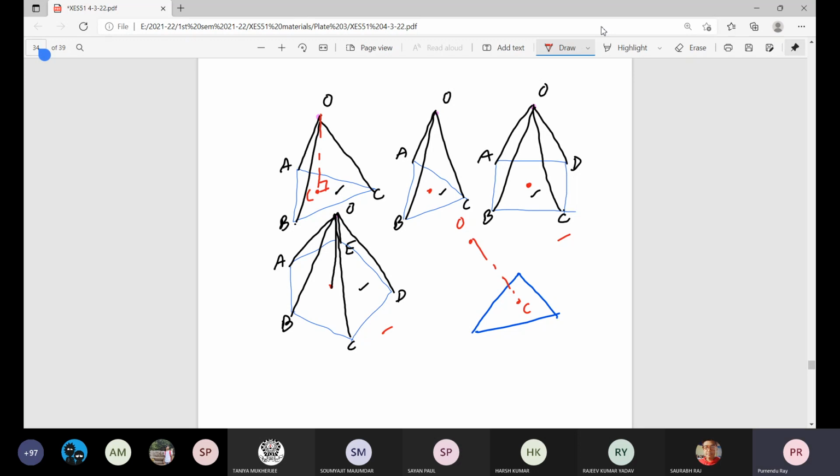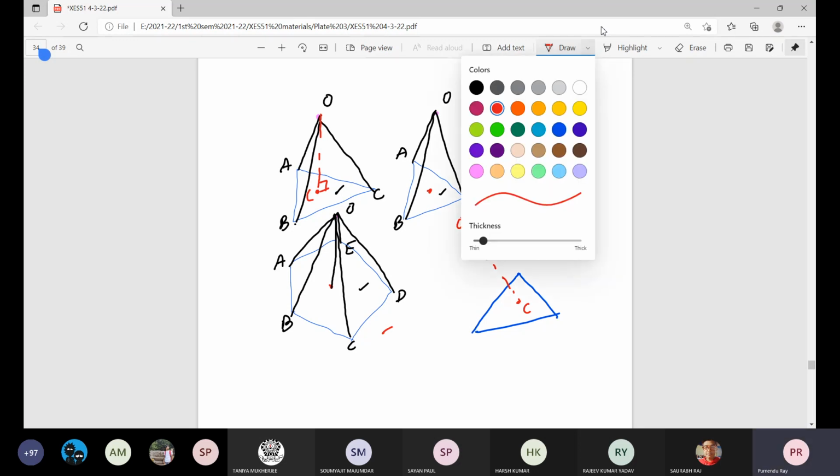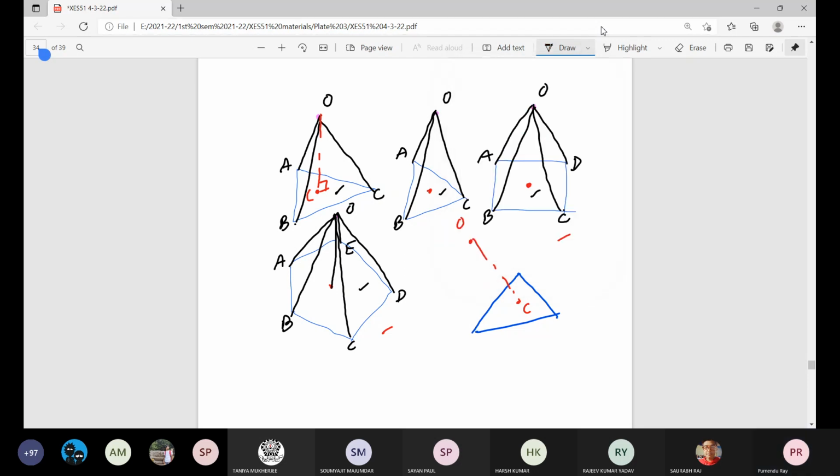It is then simply formed by connecting this location O to the base corners.